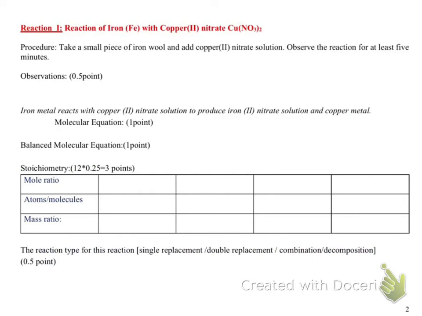Your first reaction will be, you will take iron, which is the steel wool, a small piece of iron wool in a test tube, and you're going to add a few drops, let's say 4 to 5 drops of copper 2 nitrate solution into it. You observe the reaction, stir or shake it a little bit, and you don't have to observe it for 5 minutes, 2 to 3 minutes are enough.